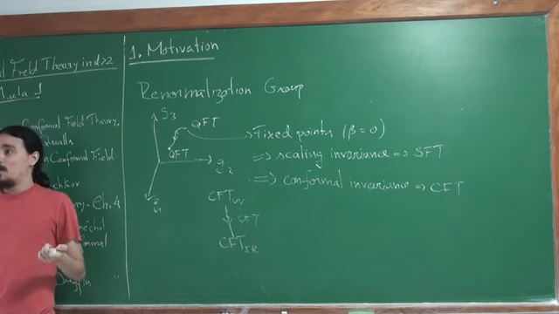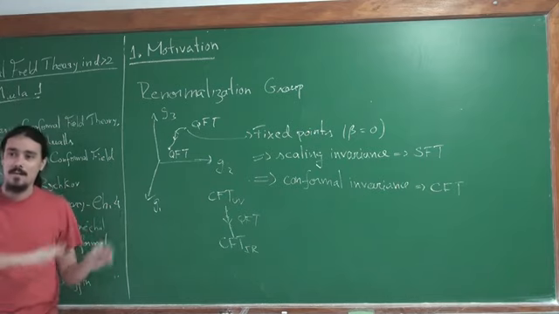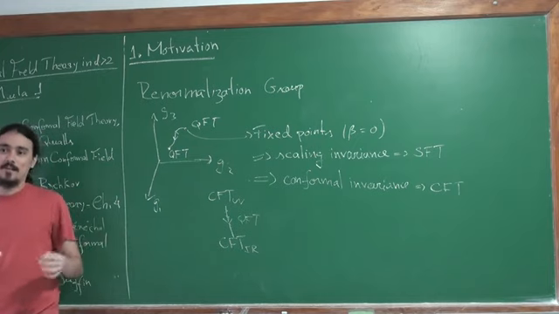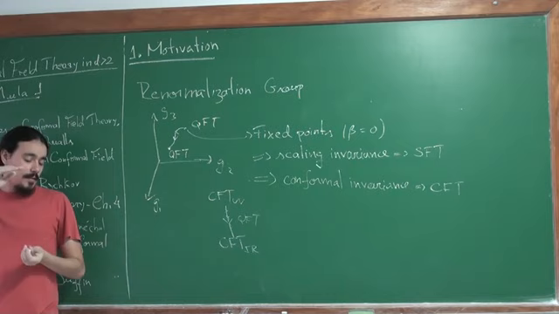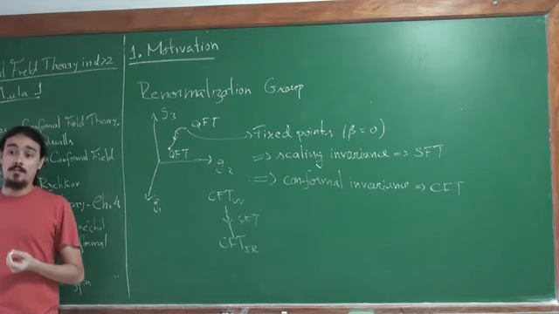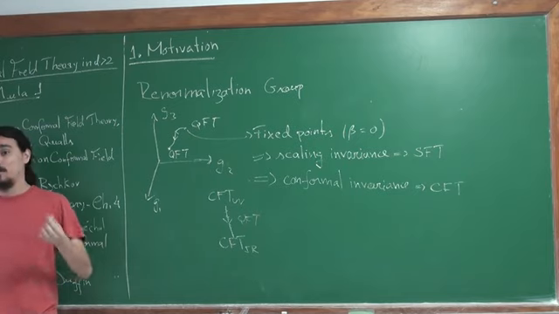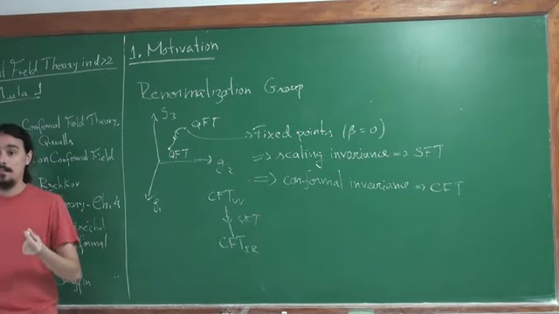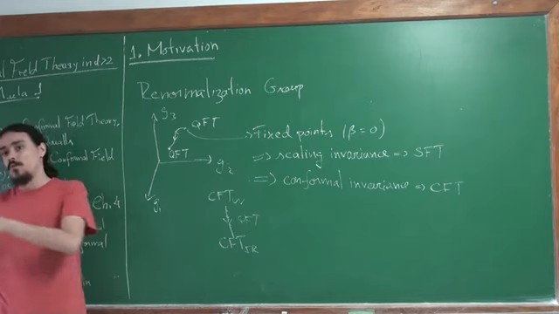Say we have QED. Let me just make a disclaimer: QED is not conformally invariant, but for the sake of the argument, suppose it is. We can imagine we sit at an energy scale below the electron mass, so we do not excite any electrons. We only have photons, so we don't see the length scale, and it could look conformally invariant.